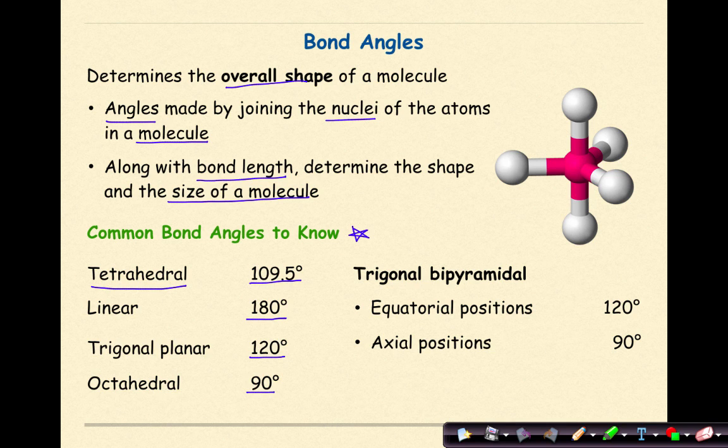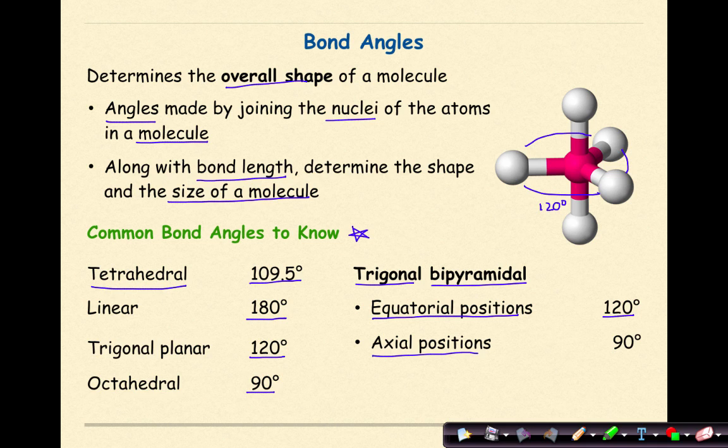Then we have a situation like the shape trigonal bipyramidal. In a molecule that has a trigonal bipyramidal shape, we have two different bond angles. We have bond angles that are in the equatorial positions, which will be 120 degrees. And we can see that 120 degree bond angle right here, or back here, or in between those atoms as we see right here.